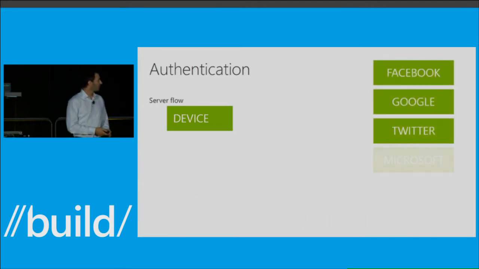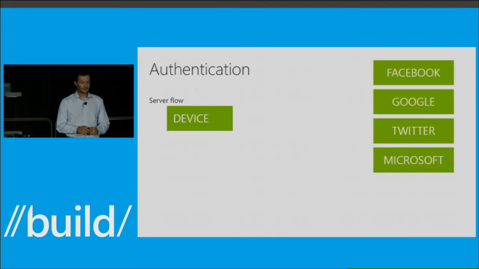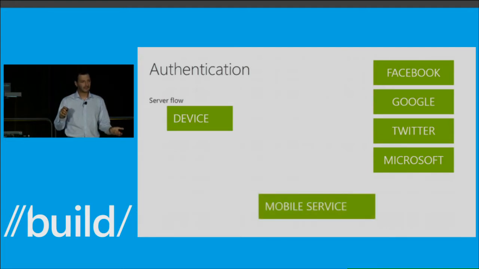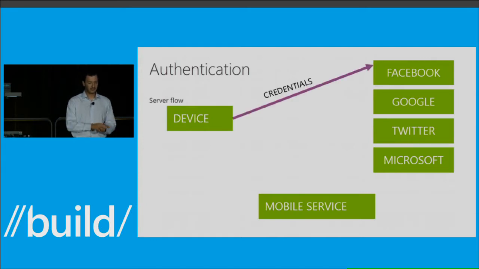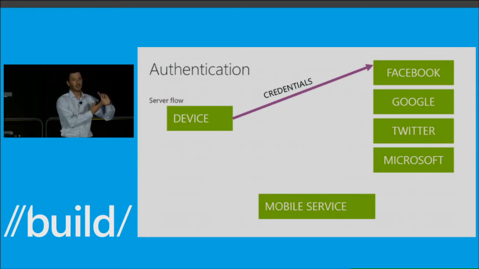So we support the auth providers I already mentioned, and then in the server flow, it's just meant to be drop dead simple. So we let you log in on the client, you type in your credentials, we open up a little web view control, and so we navigate to the auth provider's login page. Let you sign in the browser.